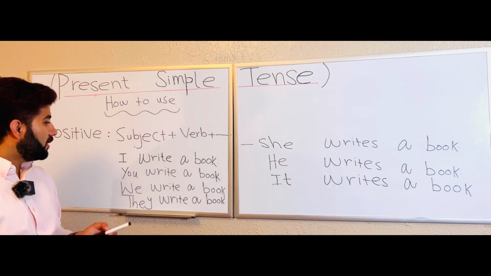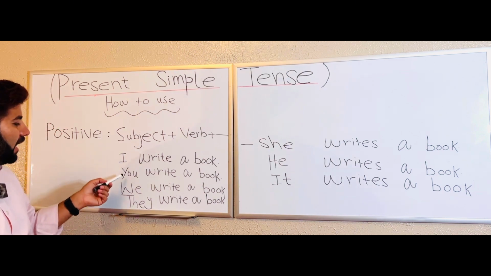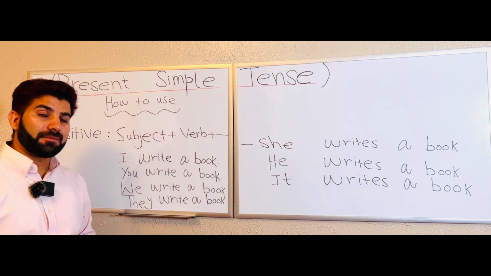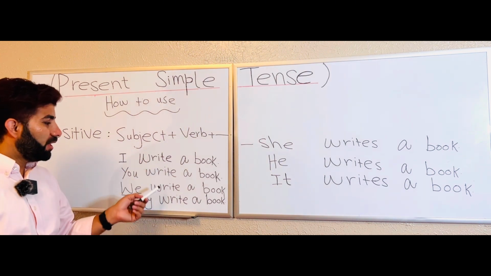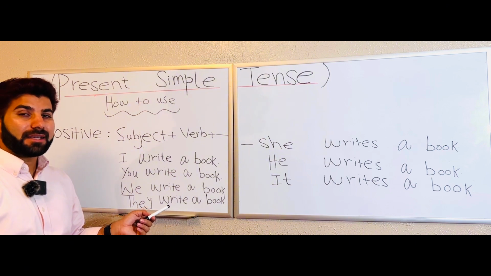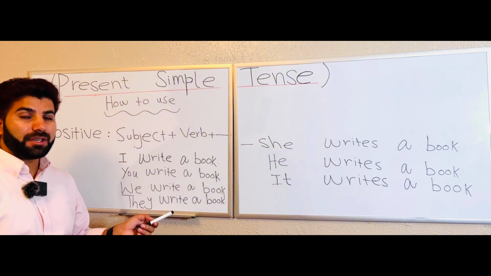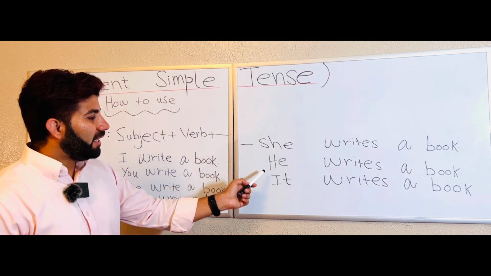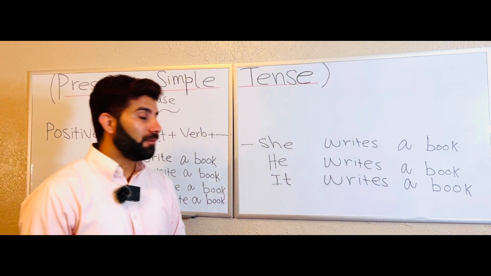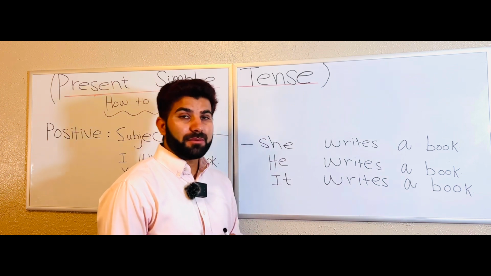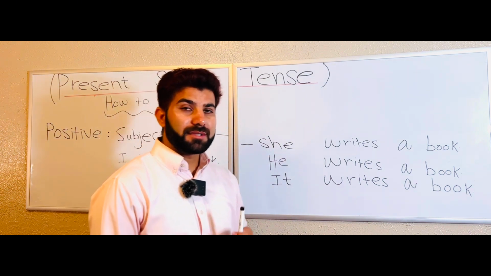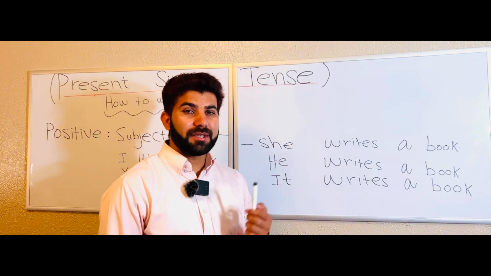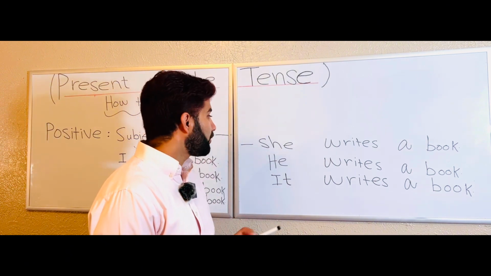As we know, with the subjects I, you, we, they, we do not add s, es or ies to the verb. But if you use she, he, it or a single noun, after that we have to use s, es or ies on the verb. We will explain that later.